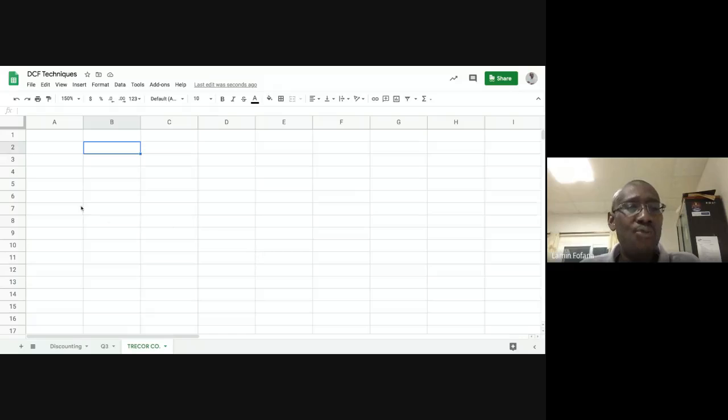So we have an ACCA F9 pilot paper question on investment appraisal. It's a mixture of NPV analysis, ARR, and IRR.